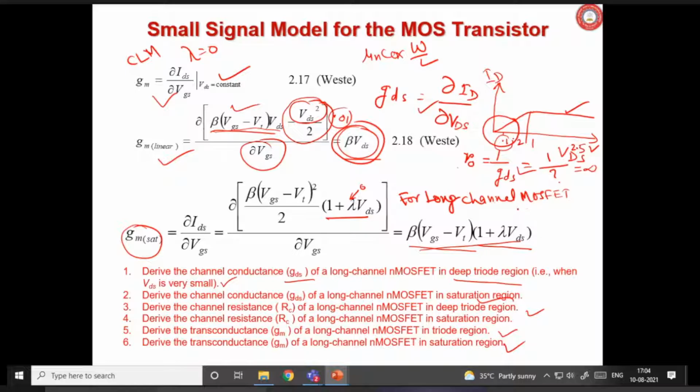Infinite, you are right. So RO is infinite, and that is desirable for MOSFET-based amplifiers, for example a CS amplifier. So the gain will be good. It will not be limited by this value because it is going to be infinite.